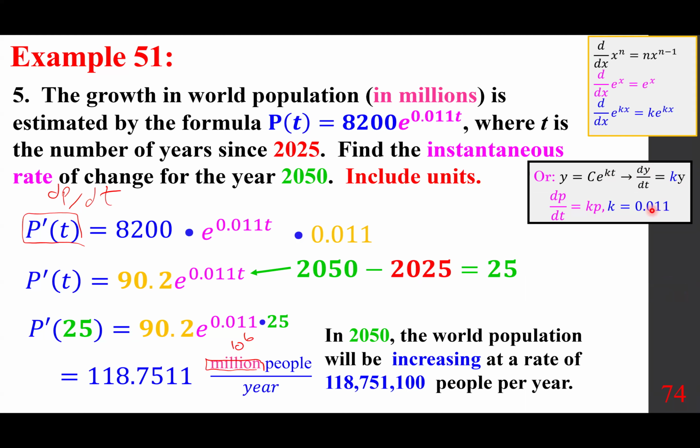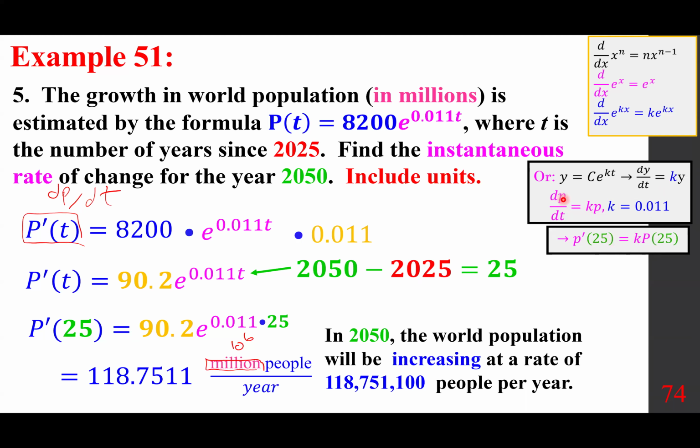This is the relative growth rate. Okay. K is the relative growth rate. And we want p prime of 25, which is, according to this formula, dp/dt is k times p. So k times p, of course, at what point? 25.